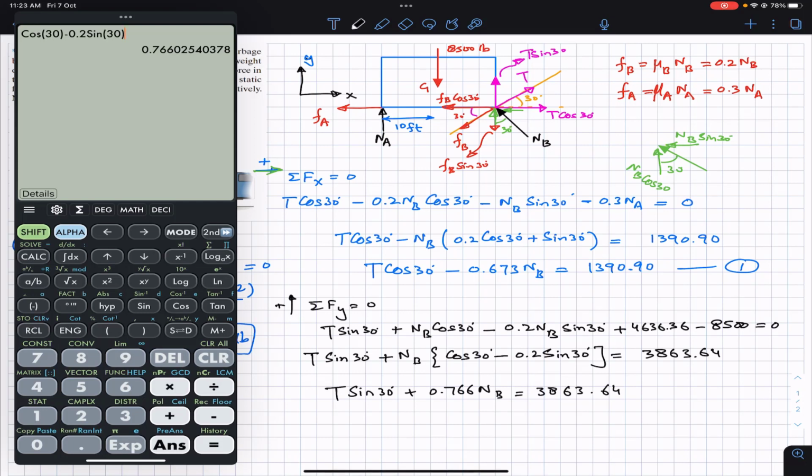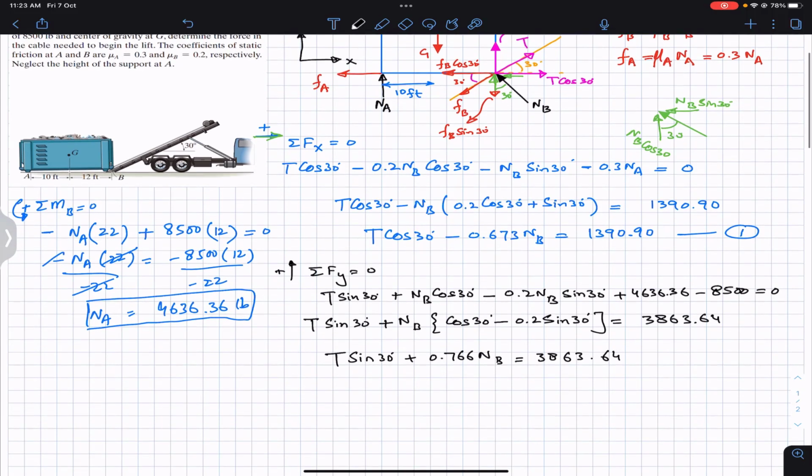So now from equation 1, from this particular equation, we can write that NB is equal to 1390.90 minus T cos of 30.